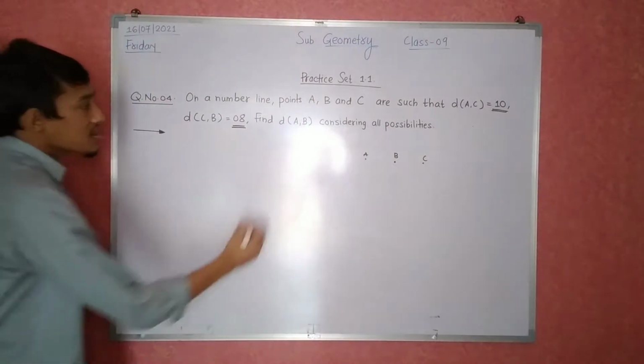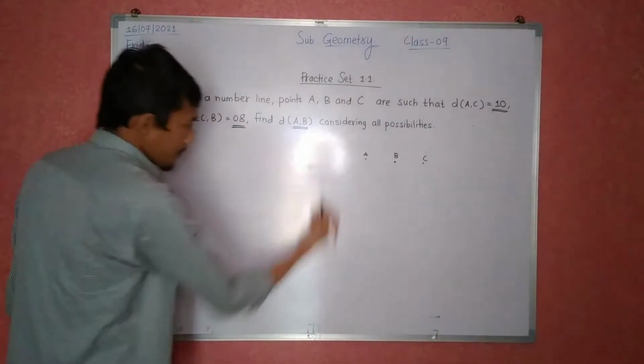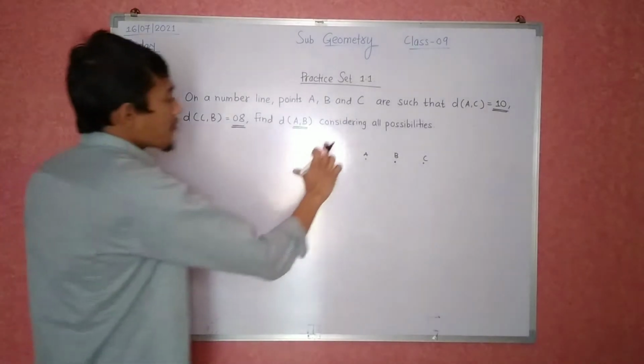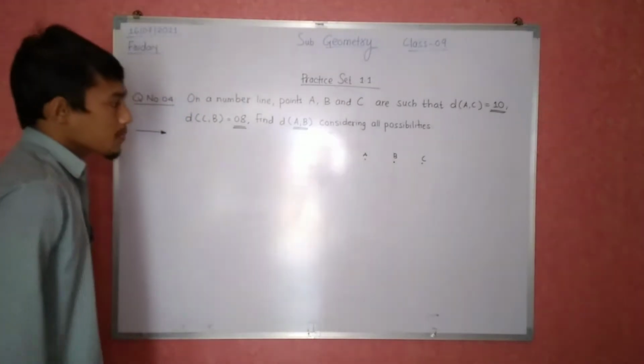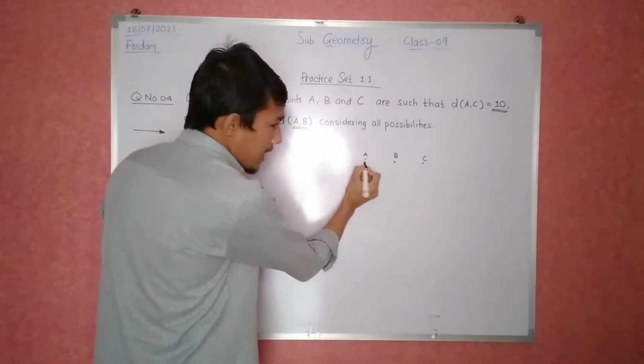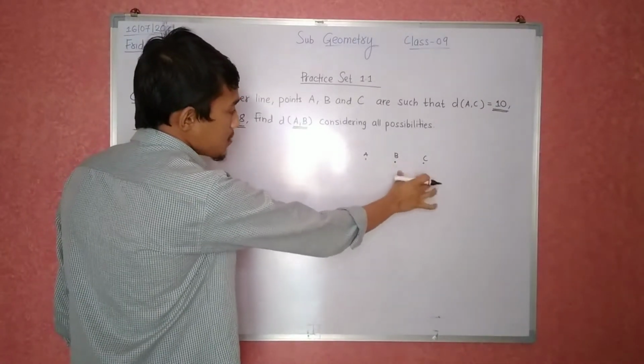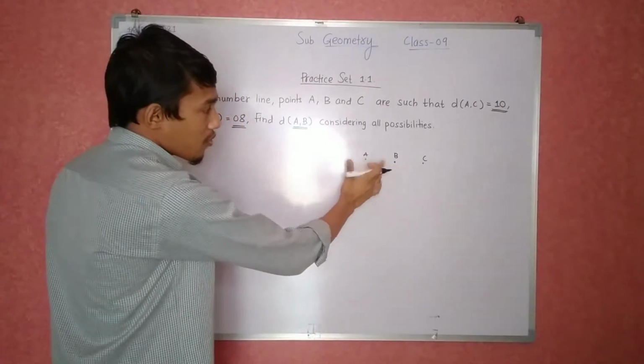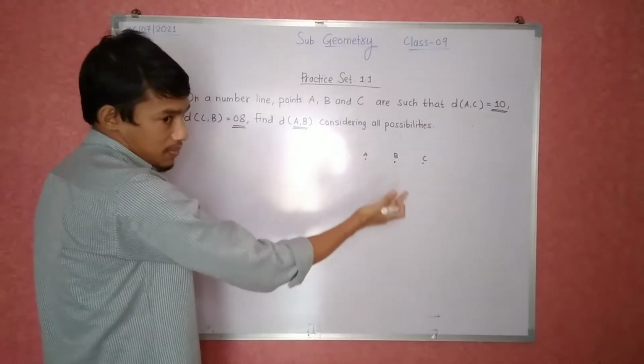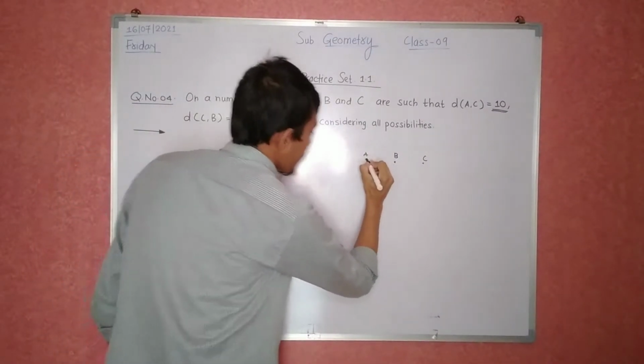We have to find the distance between point A and point B, but we have to consider all the possibilities. So possibilities are, this point A can be the first point before these 2 points B and C. So point A जो है वो B और C के पहले हो सकता है या फिर बाद में हो सकता है, ये पहली पॉसिबिलिटी है.